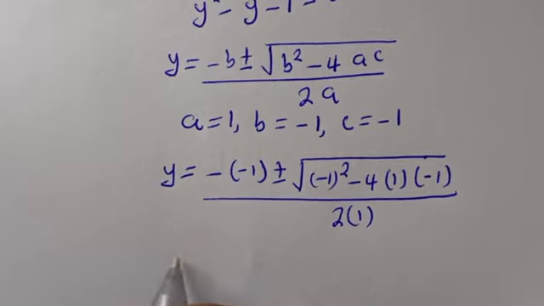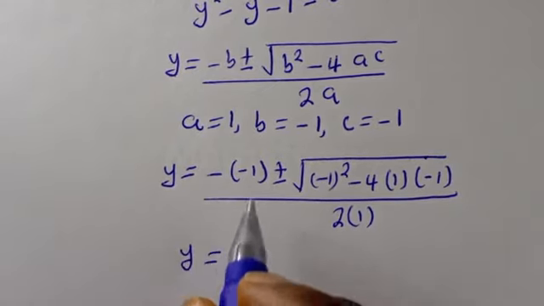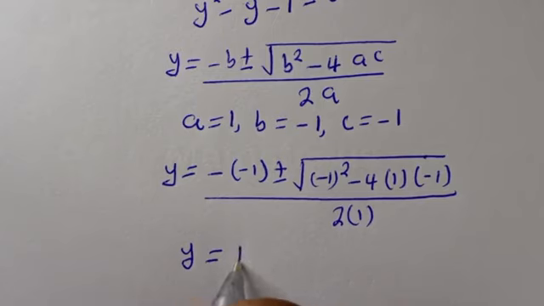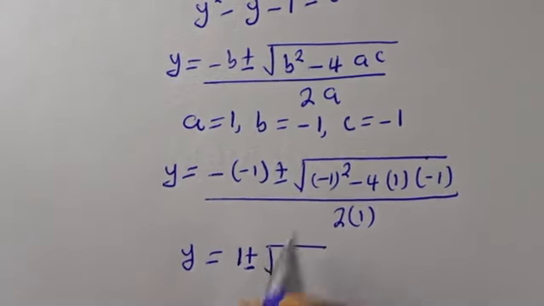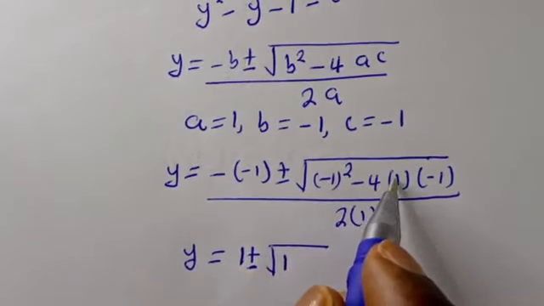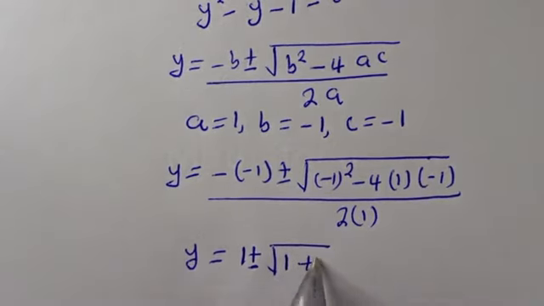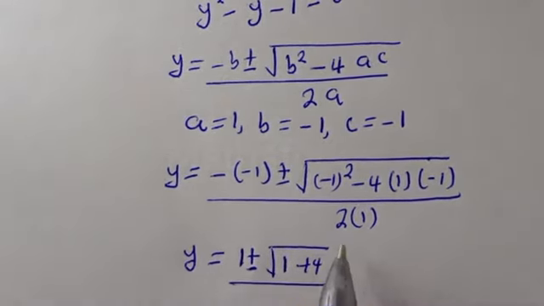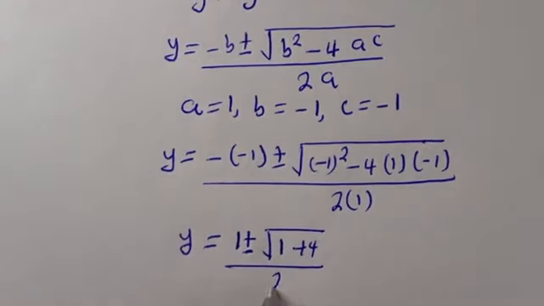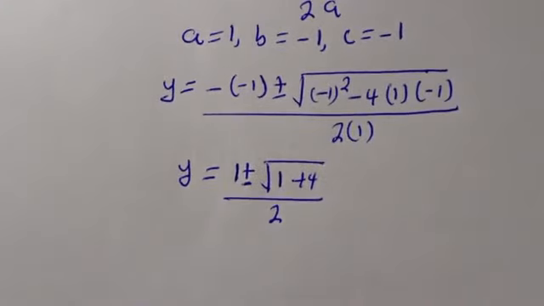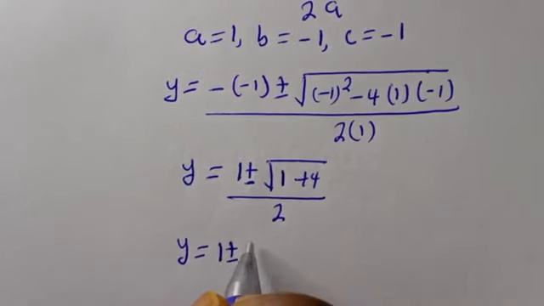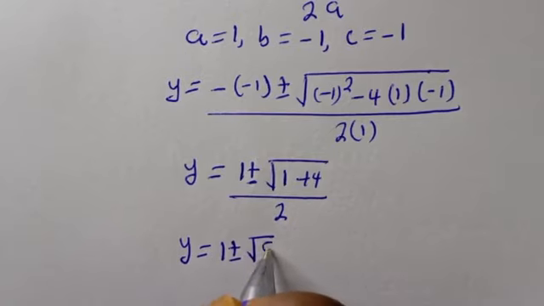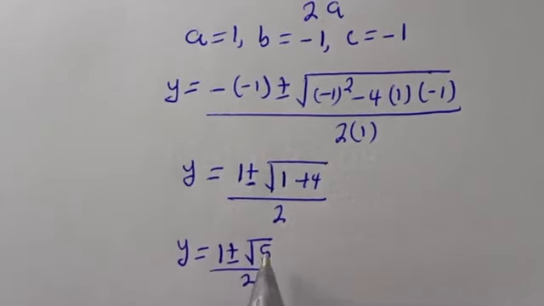Then y is equal to minus times minus 1, that is 1, plus or minus square root of minus 1 squared, that is 1, minus 4 multiplied by 1 multiplied by minus 1, that is plus 4, over 2 multiplied by 1, that is 2. y is equal to 1 plus or minus square root of 5 over 2.